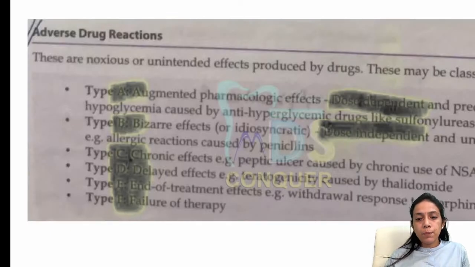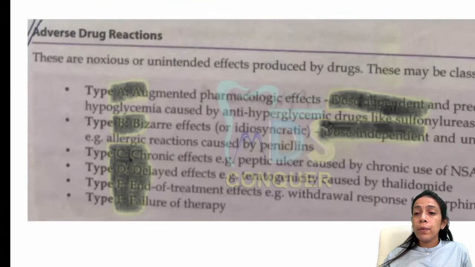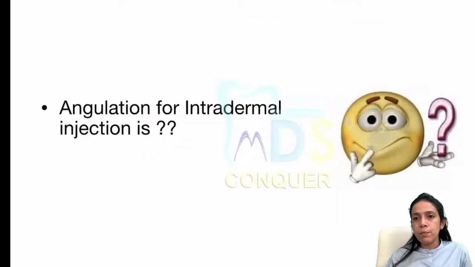There are 5 types: type A, B, C, D, E and F. A is augmented. For example, if you give anti-hyperglycemic drugs like sulfonylurea, the patients can have hypoglycemia. So that is type A, augmented. Bizarre is unpredictable and dose independent, and it can happen. C is chronic, D is delayed effects, and E is end of treatment. So that is regarding the adverse drug reactions.